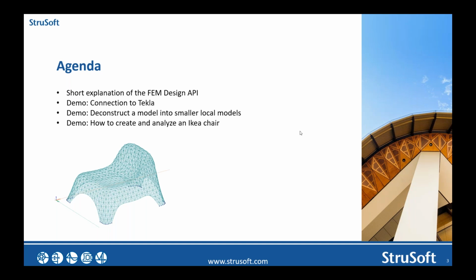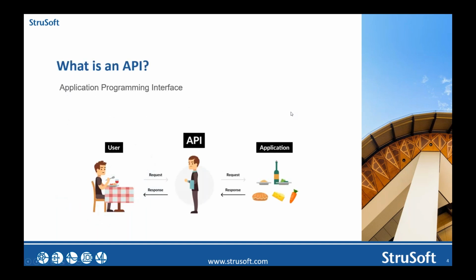Okay, so let's get into the explanation of the API. An API is an application programming interface, and I usually illustrate this by the picture here. I think it's quite good to show you the basic idea of an API.